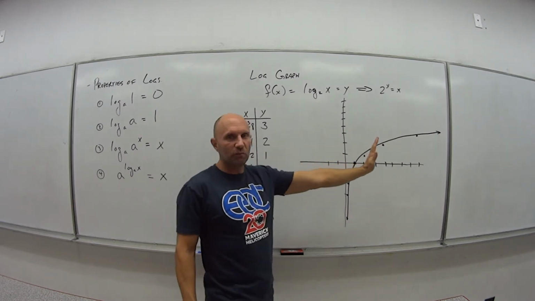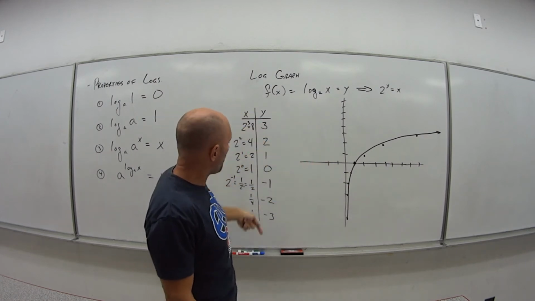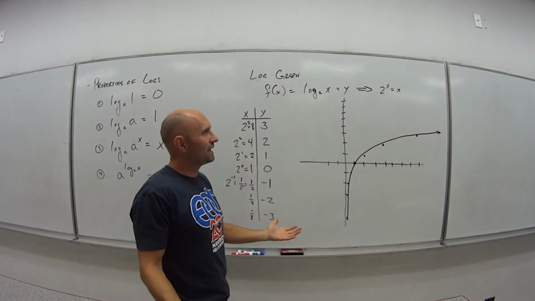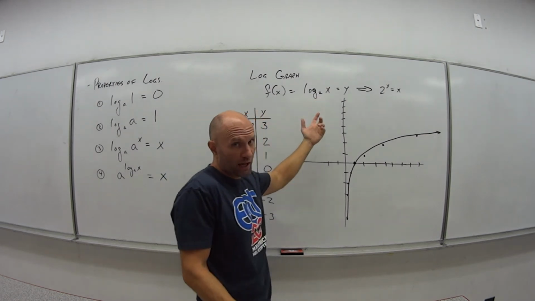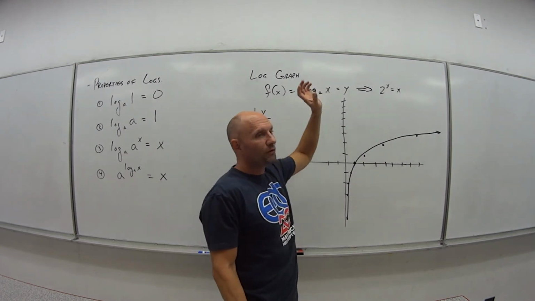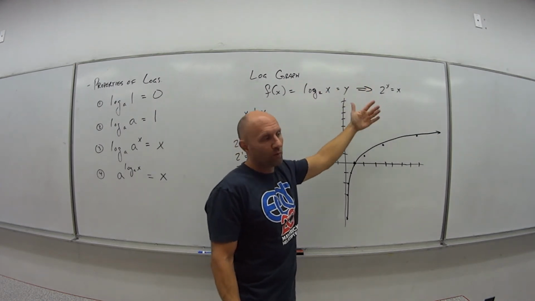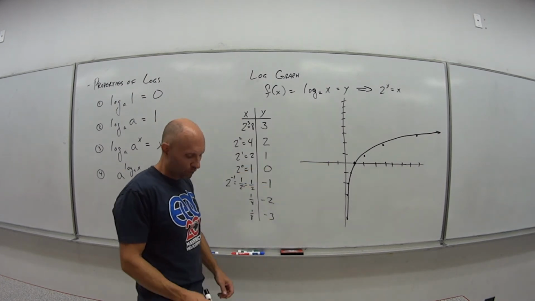It's always going to be in the positive domain. I can't pick any value for y that's going to give me a negative x value, right? If my base is positive, which it has to be for the log function, I can't take any positive number to any exponent and get a negative number out of it. So this is what your log graph looks like.